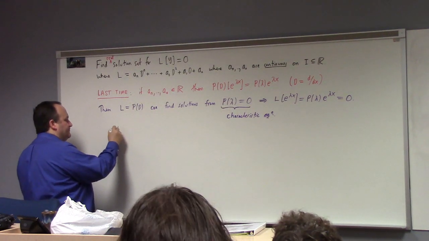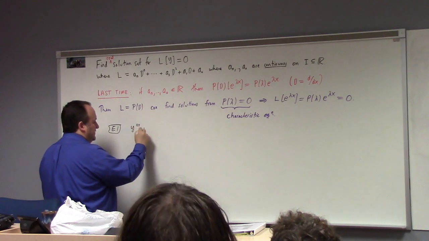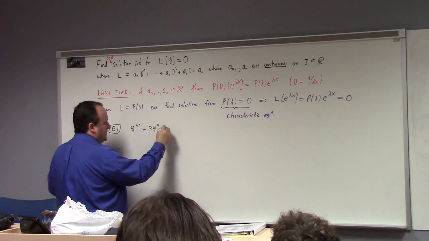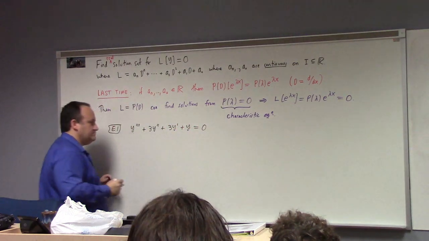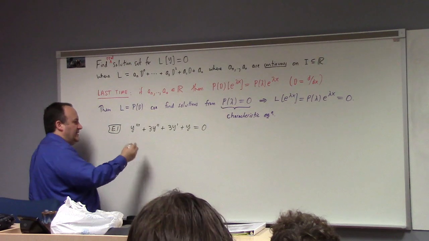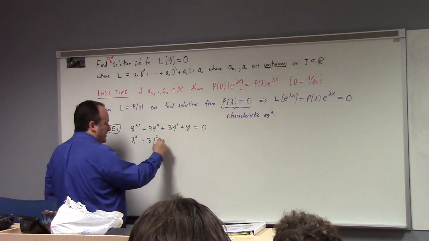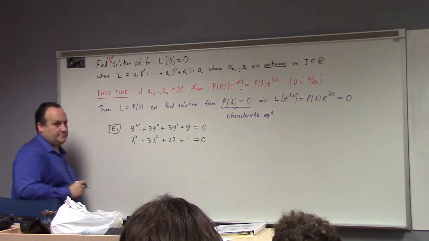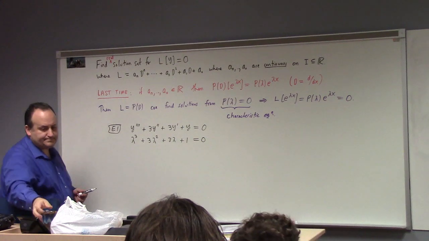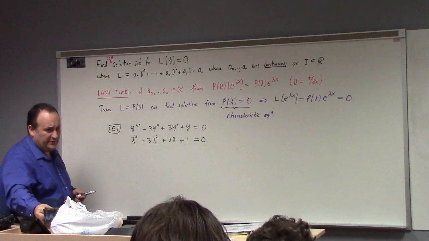So example 1, we might have y''' plus 3y'' plus 3y' plus y equals 0. We write down the characteristic equation, lambda cubed plus 3 lambda squared plus 3 lambda plus 1 equal to 0. Then we factor.